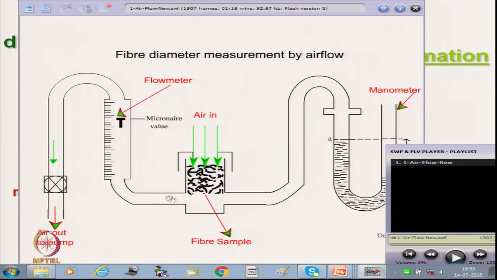What will happen if we take 5 gram of cotton instead of 4 gram?